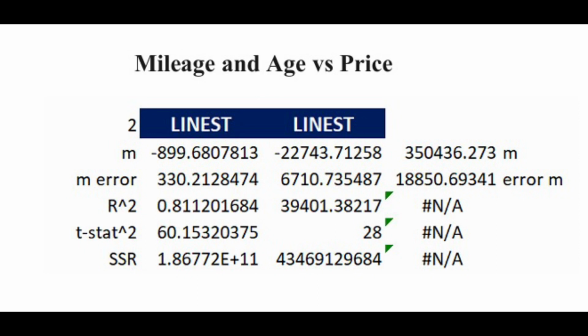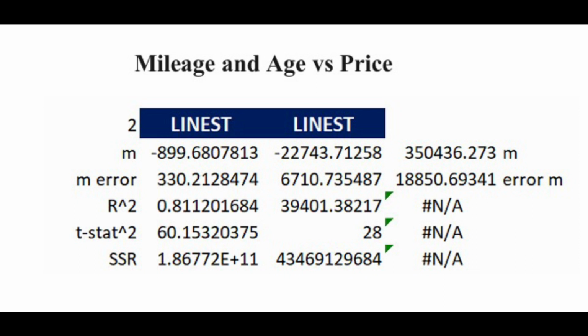To capture the combined influence of multiple variables, multiple regression models are added in the report. This model uses age as x1 and mileage as x2 as the variables for the prediction system. The resulting linear equation for price is the following. This model yielded an R-squared of 0.81.